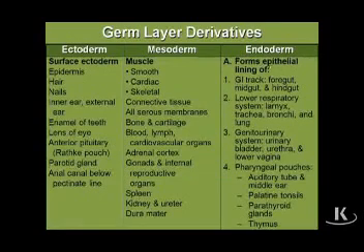So, for example, under endoderm, we see that it says it forms the epithelial lining of the GI tract, and it forms the epithelial lining of the respiratory system, and it forms the epithelial lining of some parts of the urinary system, for example. So it's not forming all of the GI tract or all of the respiratory system, but rather only the epithelial lining of those systems.